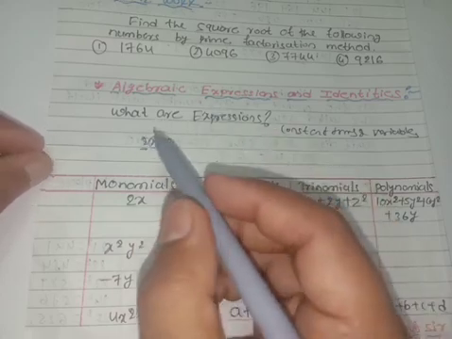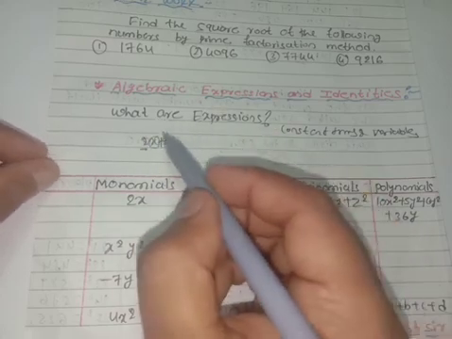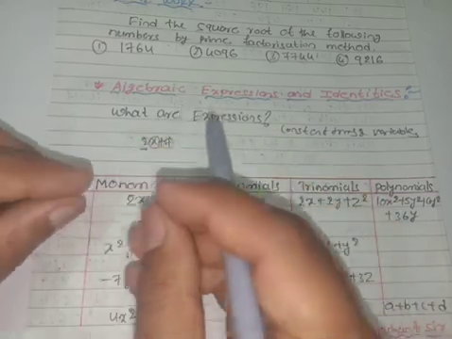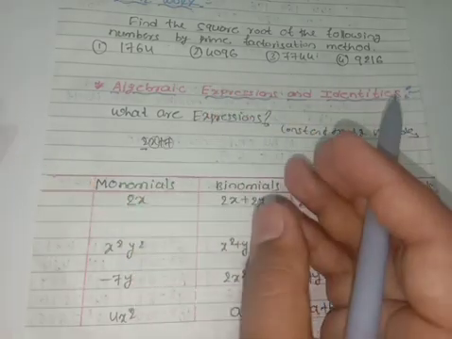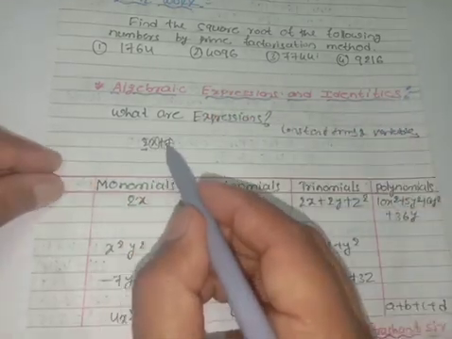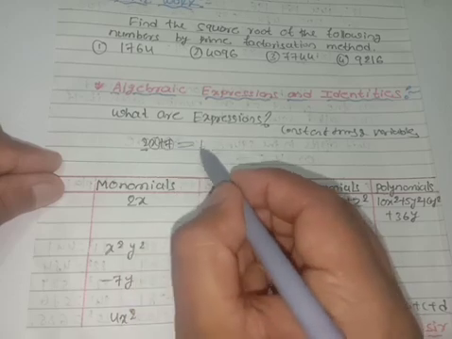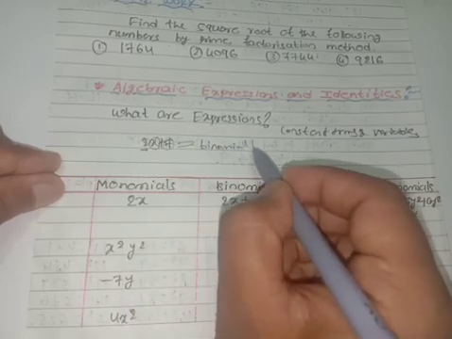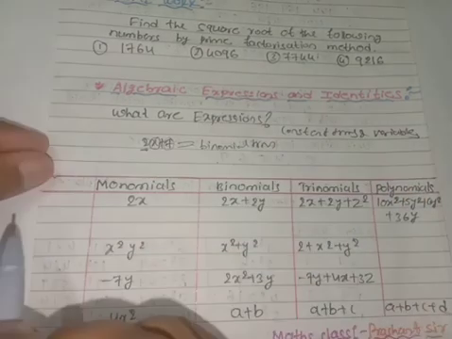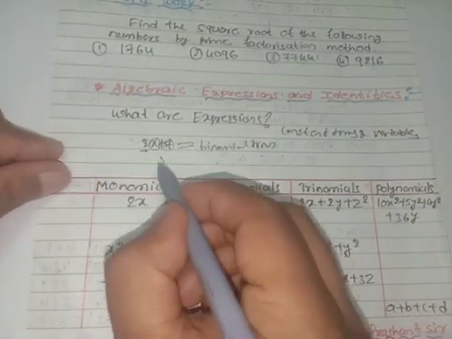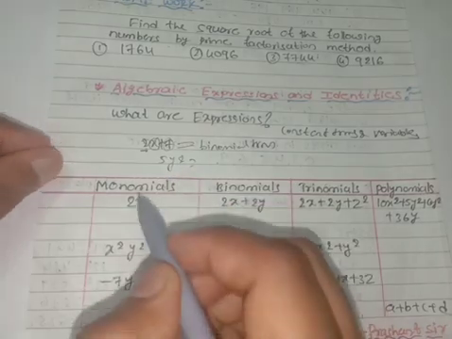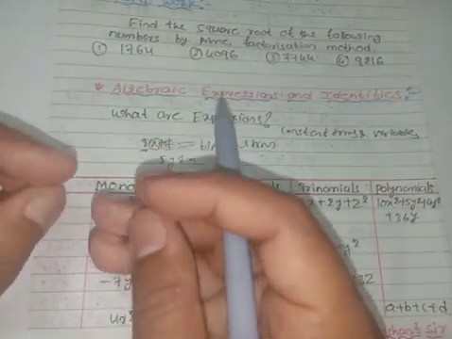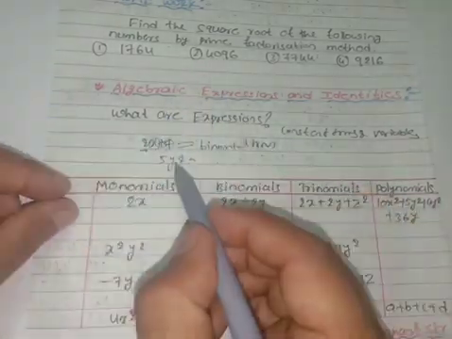Add 7, and it will become what here? An algebraic expression. And it is what here? A binomial term. This is a binomial term. Yes or no? Now another example, 5y square. So 5y square is also an algebraic expression, but it is what?